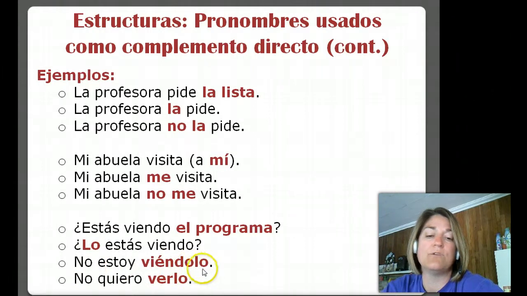Okay, so notice that now we've hooked on the direct object pronoun onto the end of the participle, or the gerund form of this verb. And because we did that, because we added a syllable, we need to add an accent over the E there. That's in a multi-syllable word. So no quiero verlo. I don't want to see it. This just has one syllable, so we're going to hook on the lo, and we don't need an accent.